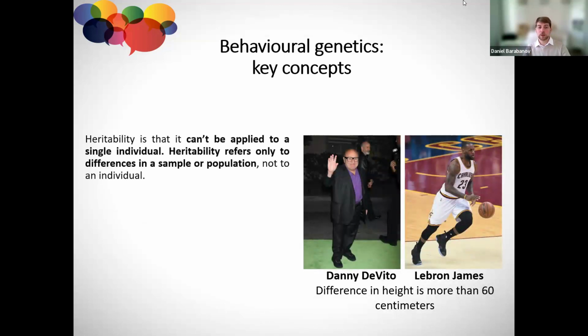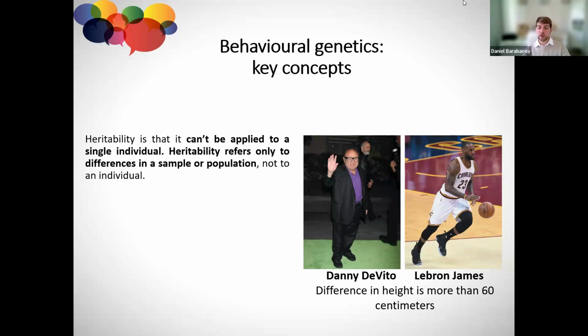Heritability cannot be applied to a single individual. If you see one single person, you can never know why this person looks and behaves like that. Is it genetic or environmental? Why? Because in his or her personal history, all those factors are already intertwined, and you basically don't know why it happened.